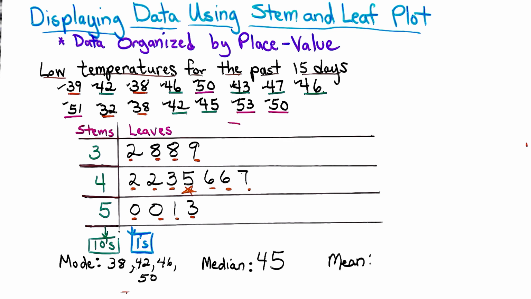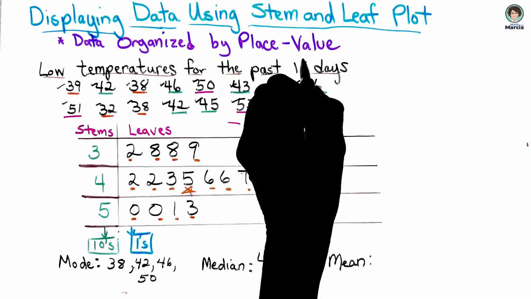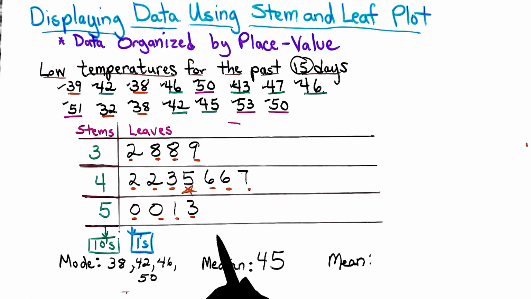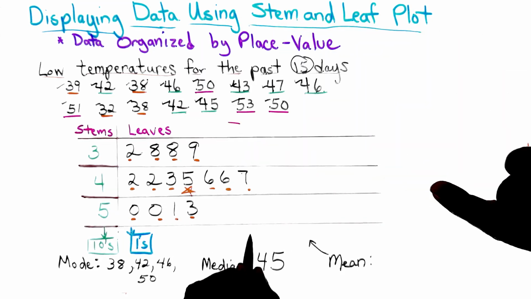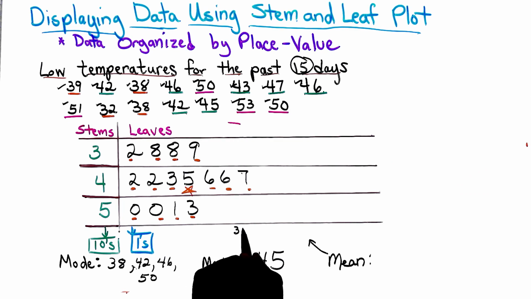And last but not least, now we need to find the mean. As we're finding the mean, we are going to need to list all these numbers, and then divide by how many numbers are present, and we know we're dividing by 15. I'm going to do the listing of our numbers for the mean right up here so that you'll be able to see everything. Going back to my chart, I had 32, just one of them. I had 2 38s.